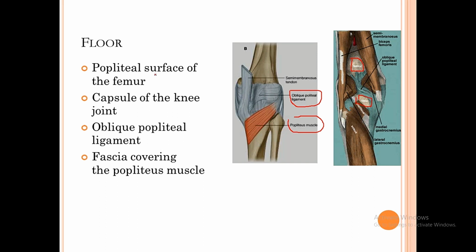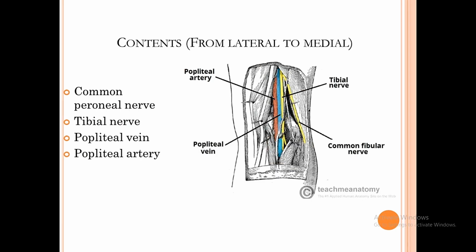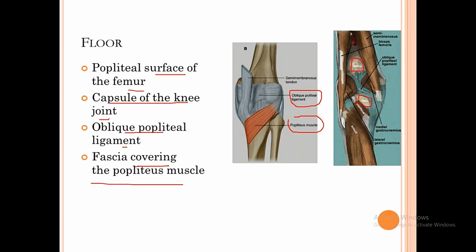These are the popliteal surface of the femur, and here is a small bony part of the tibia, also the capsule of the knee joint. After that you have the oblique popliteal ligament and then the popliteus muscle, and this popliteus muscle is covered by a thick fascia, that is the popliteal fascia. So these are the structures that form the floor.